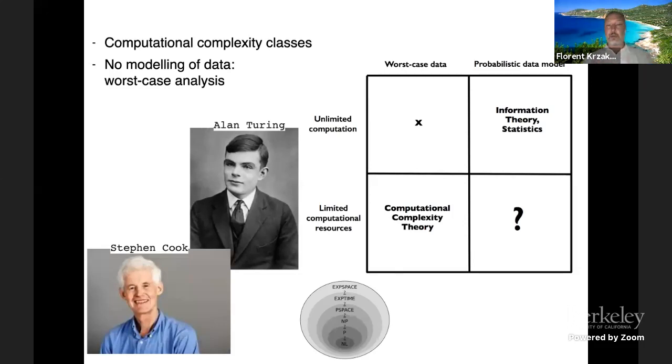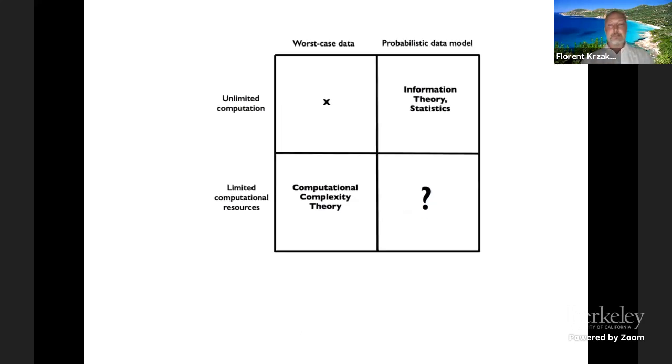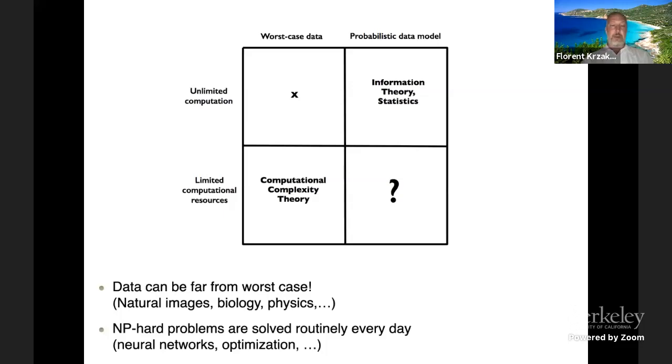So of course, this is not true anymore. There is a lot of activity in this branch, trying to work, for instance, on adversarial problems and semi-adversarial, semi-random ones. But let's leave us with the following. Data, in practice, are far from worst case, right? We should not expect them to be the worst case. And in fact, NP-hard problems are solved every day in practice.